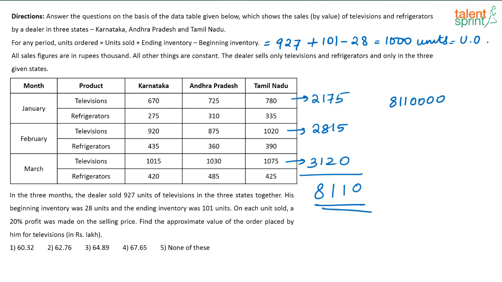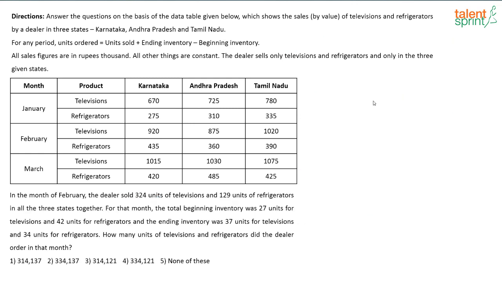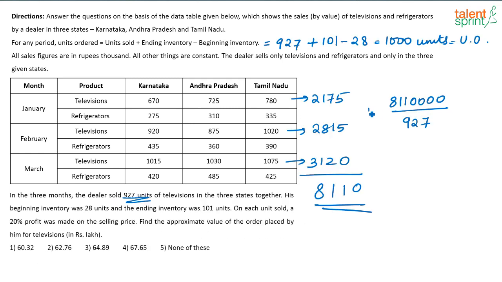Or what is the selling price per article, per TV here? Totally how many units have been sold? 927 units have been sold. So this is the selling price of one article. Now what are they asking here? On each unit sold, a 20% profit is made. So what is the selling price of one article?